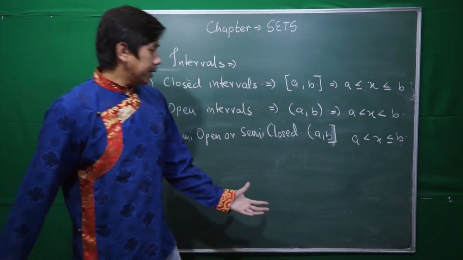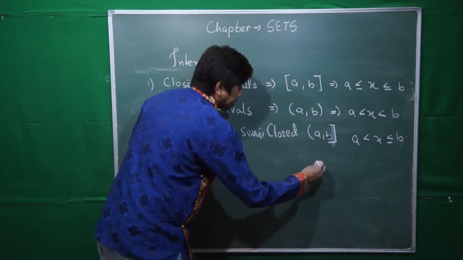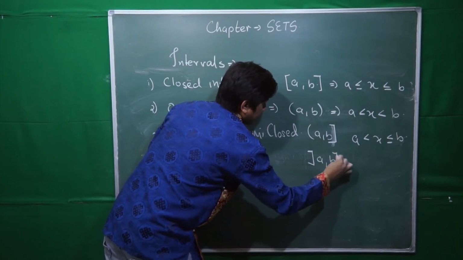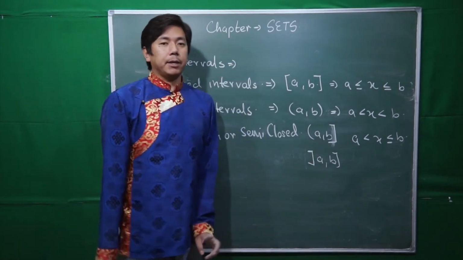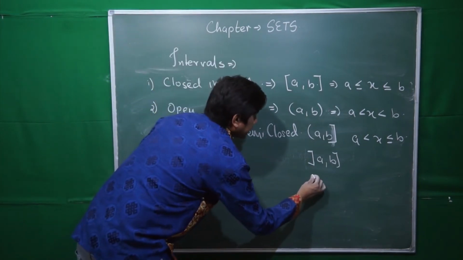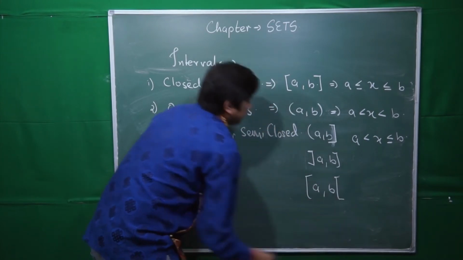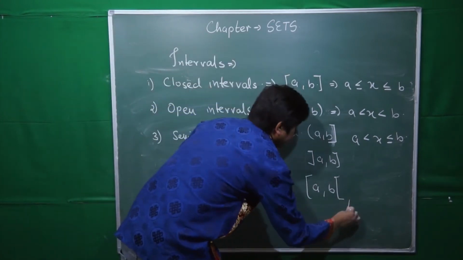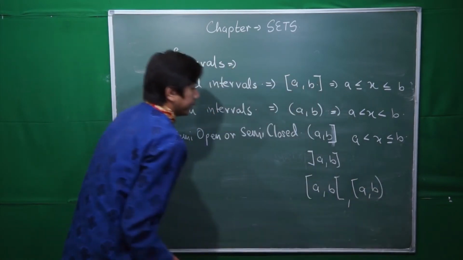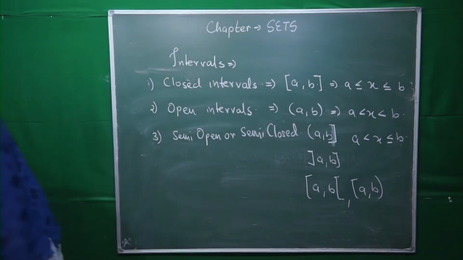Okay, so in this condition, b can be included. In the same way, it can be written as this, which implies the same thing. Okay, and it can also be written in this way: a excluded and b included, or a included and b excluded. Simple. Is it clear?